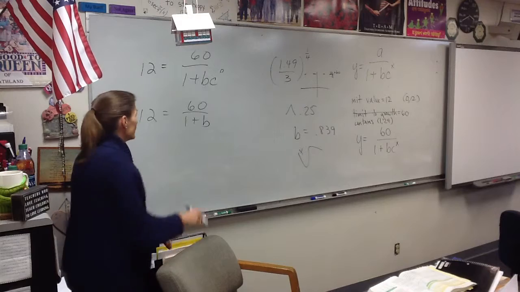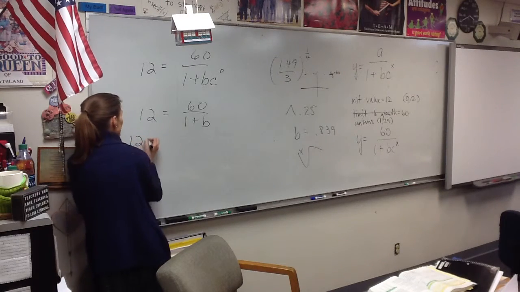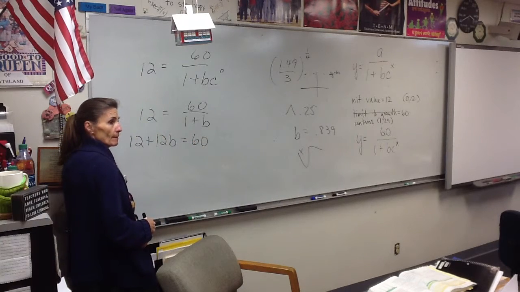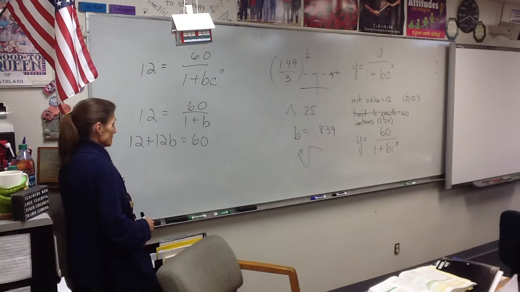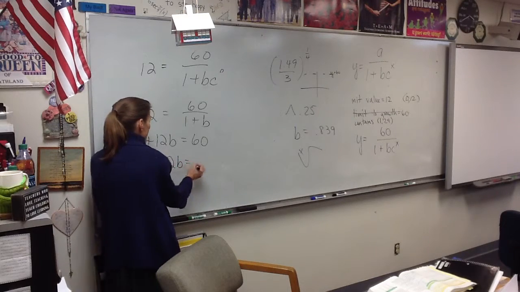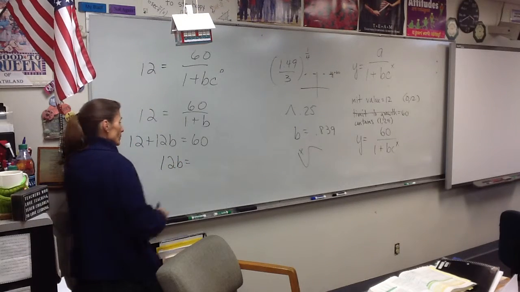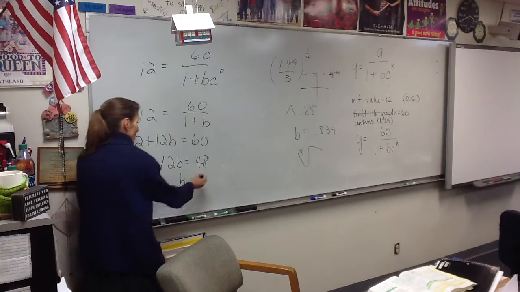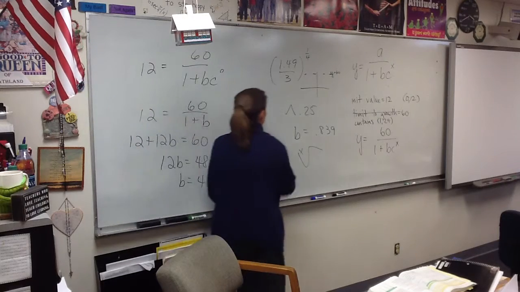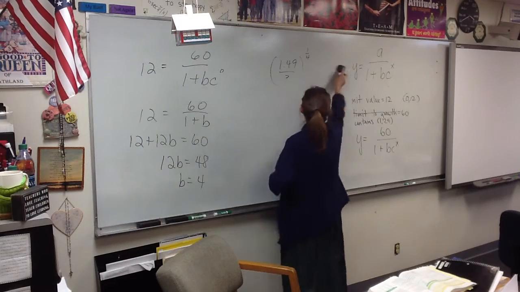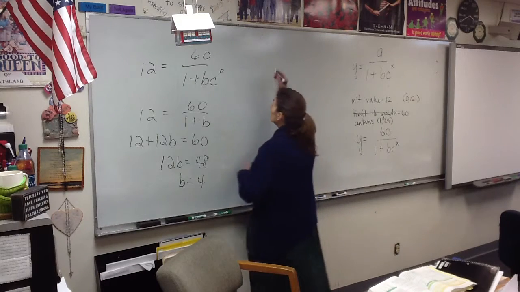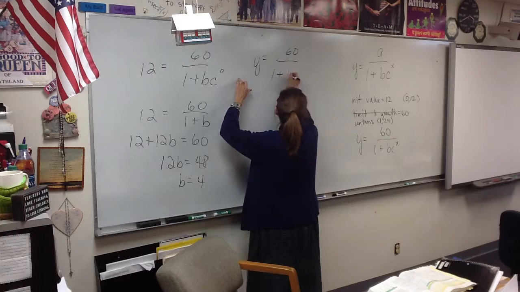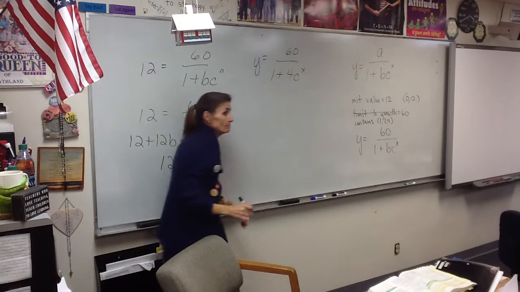Multiply this over to here, so 12 plus 12b equals 60. So 12b equals 48, and b equals 4. So now my equation is y equals 60 over 1 plus 4 c to the x.